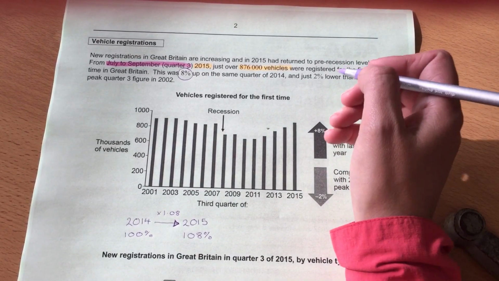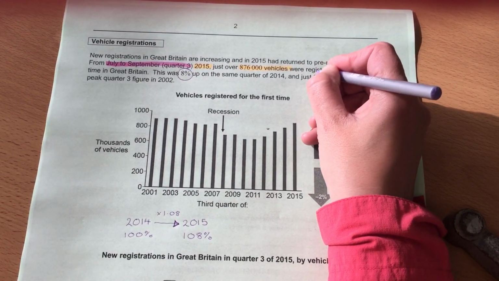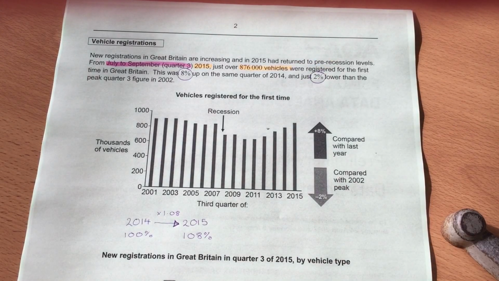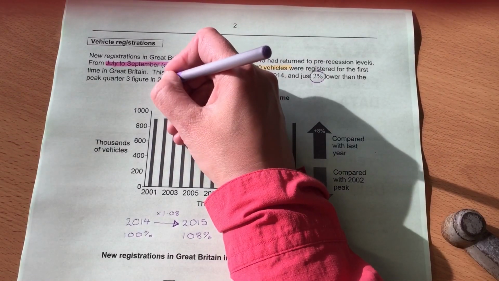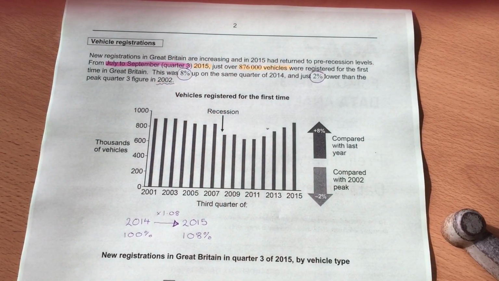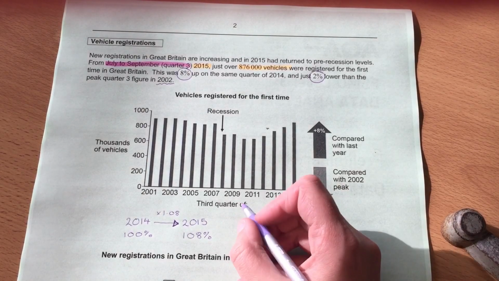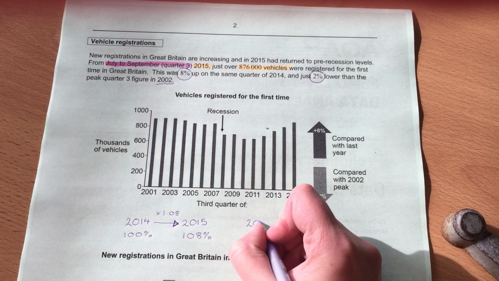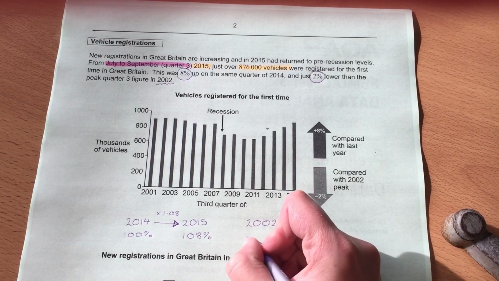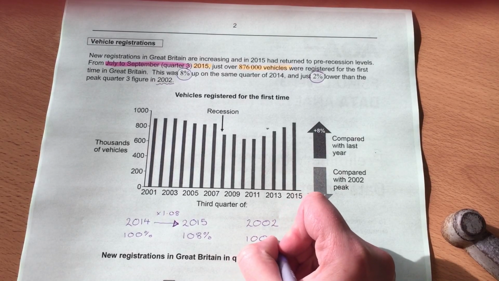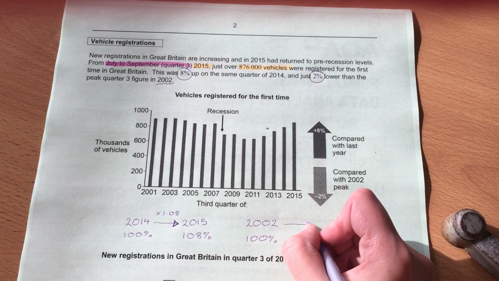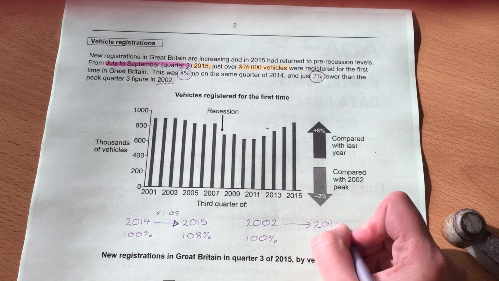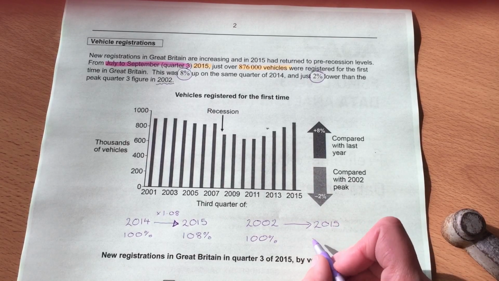We've got something very similar here at 2%, where we're talking about the figure in 2002. So if they wanted our 2002 data, we've got 2002, which will be our 100% because it's our older one, and it goes up to 2015, and that was 2% lower.